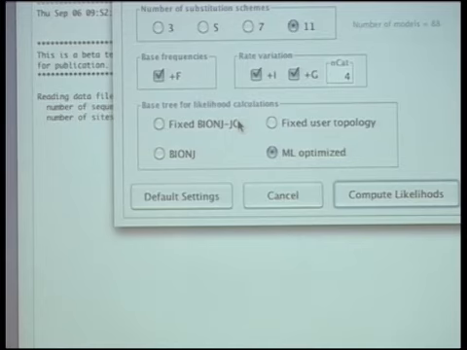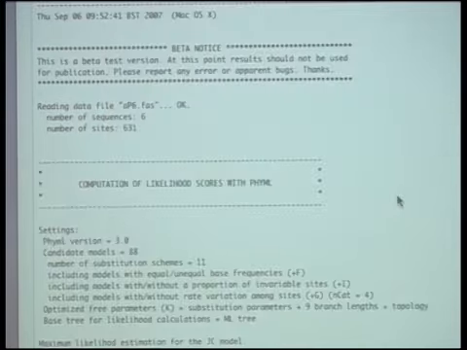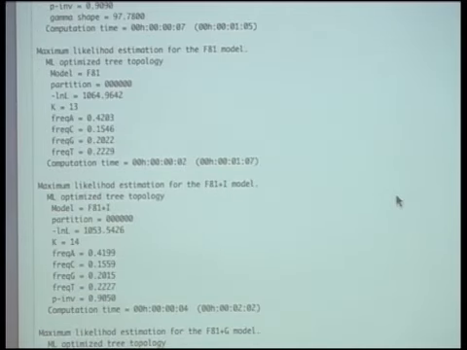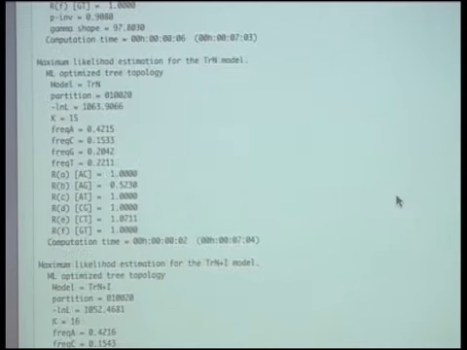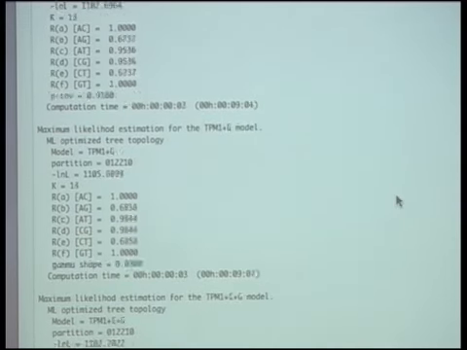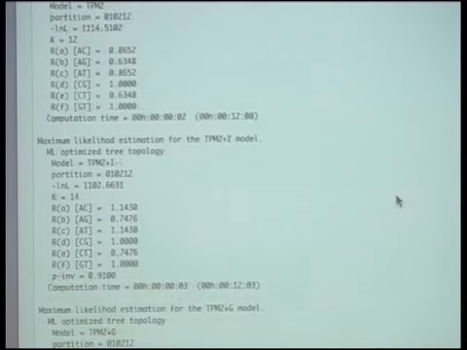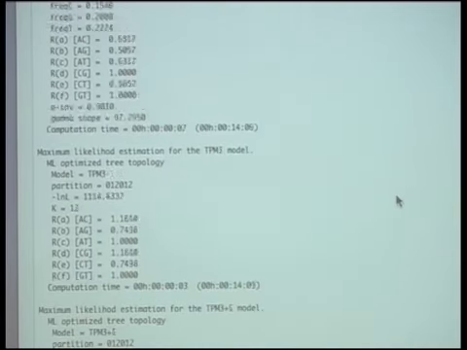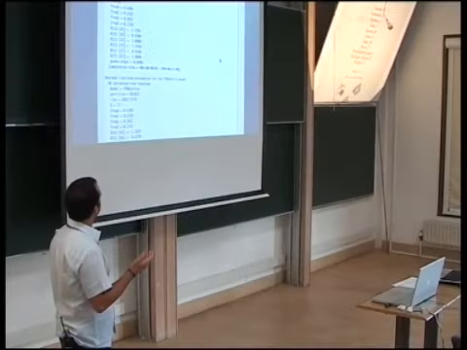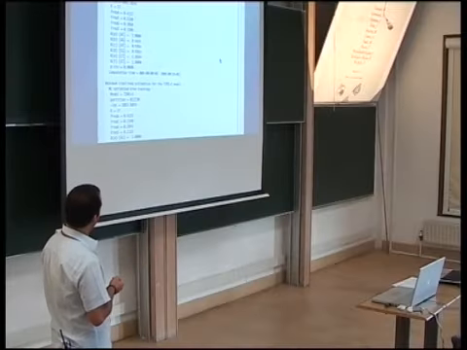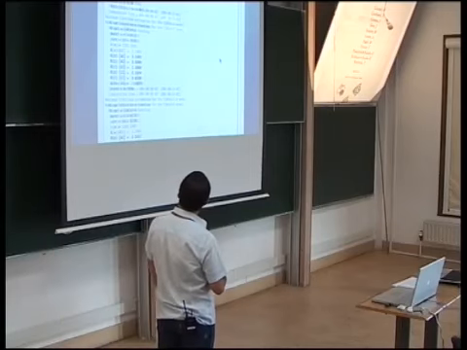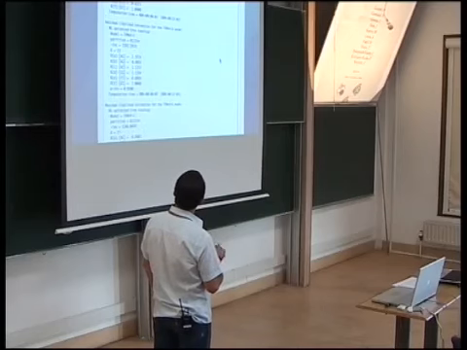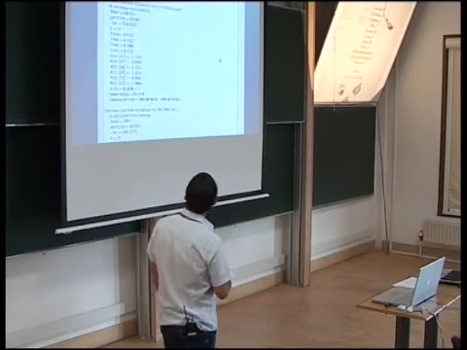This is a really small data set, so what the program is doing now is sending commands out to PhyML, and PhyML is doing the hard work, which is getting all the parameter estimates. This is quite fast. It's about 6 taxa and 500 or 600 sites, but it's going to take half a minute to get the 88 models. I would say this is doable with 50 taxa or thousands of sites. If you want to wait, you can wait a couple of days.